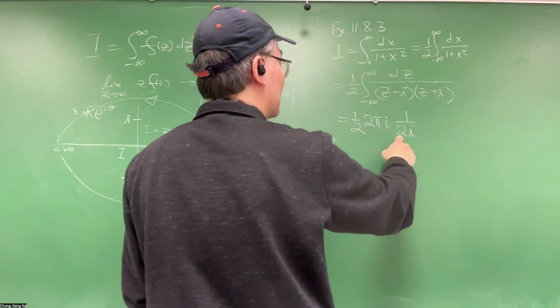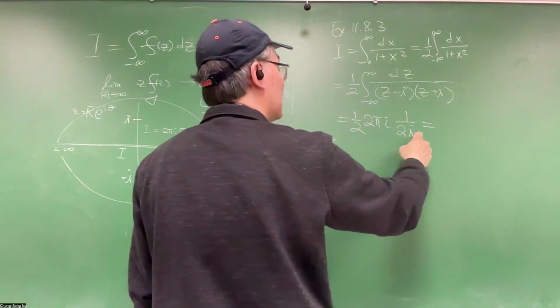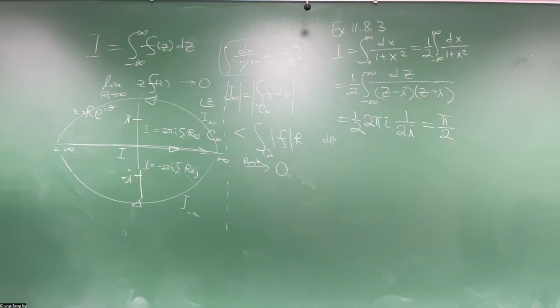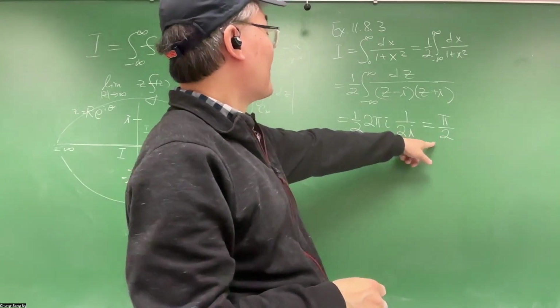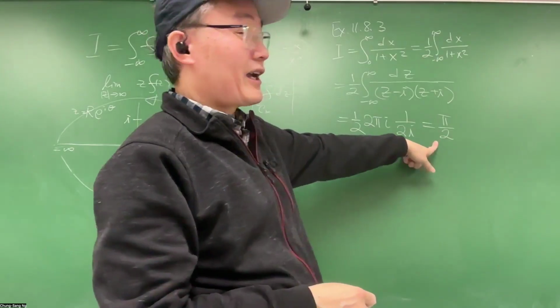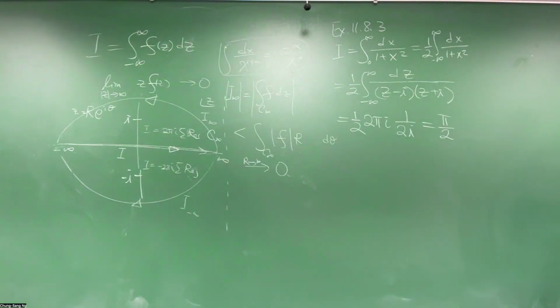The i can cancel. Finally, of course, you check that it's real, because the original integral is real. After all that, if you get a complex number, then you need to do it again. And this should be the answer.